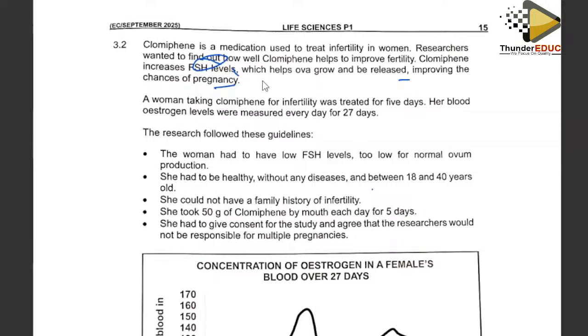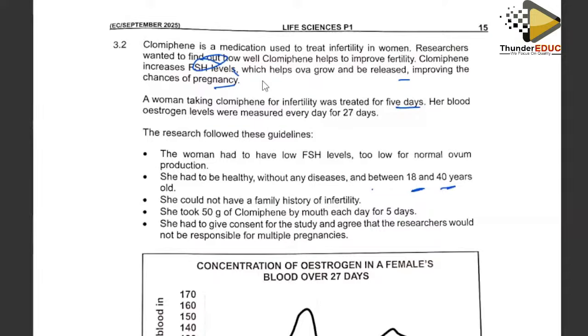A woman taking clomiphene for fertility was treated for 5 days. Her blood hormone levels were measured every 2 days. The research guidelines: the woman had low FSH levels, too low for normal ovum production. She had to be a healthy woman without disease, aged 18 to 40.